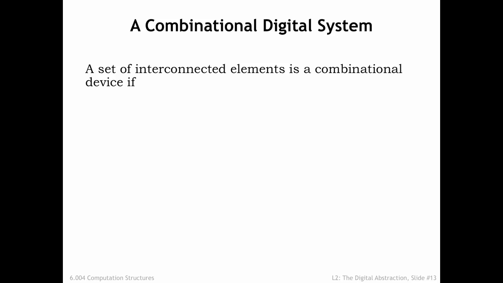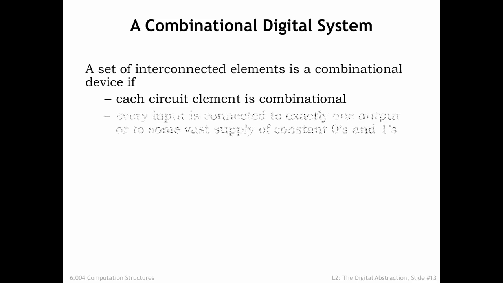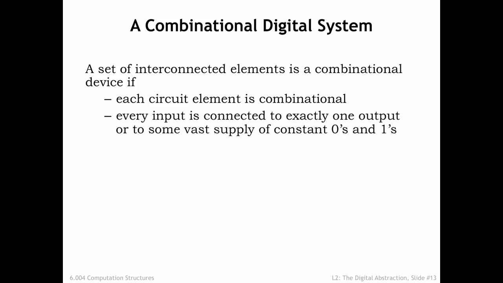In order to build larger combinational systems from combinational components, we'll follow the composition rules set forth below. First, each component of the system must itself be a combinational device. Second, each input of each component must be connected to a system input, or to exactly one output of another device, or to a constant voltage representing the value 0 or the value 1.